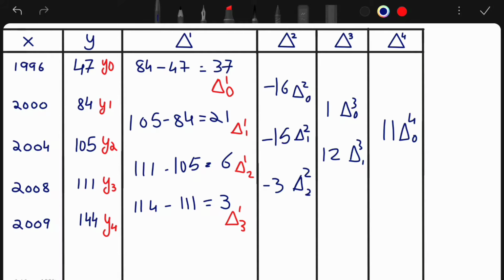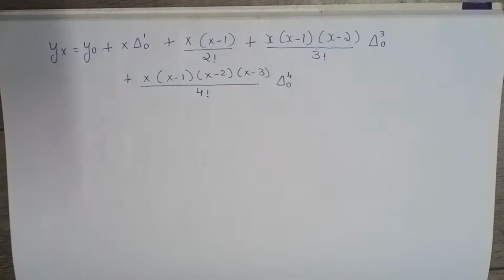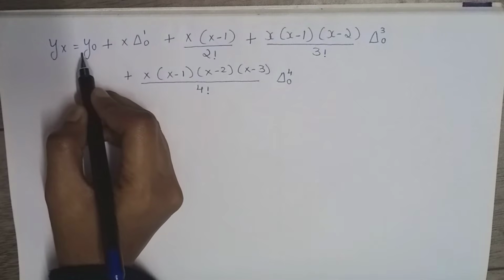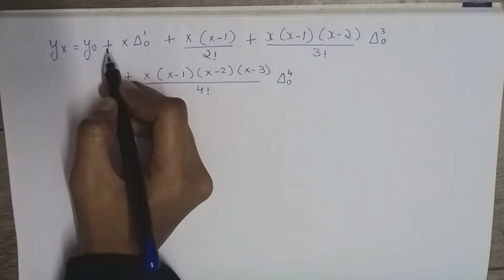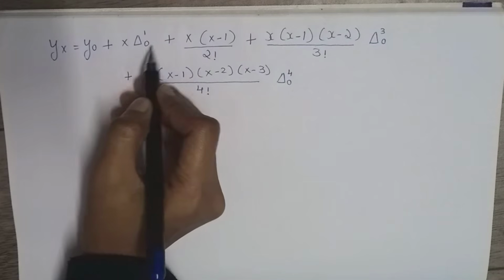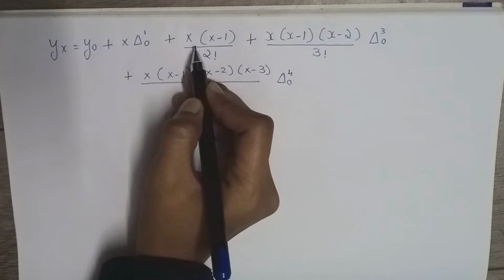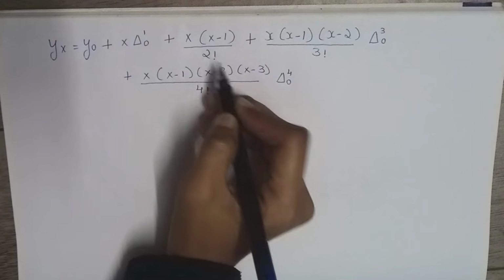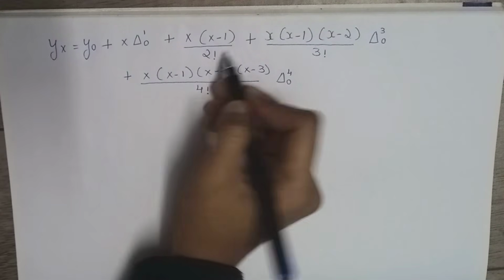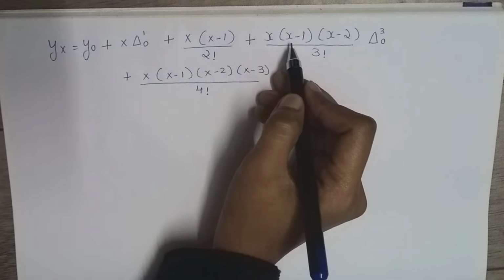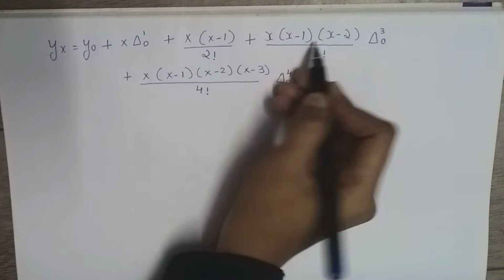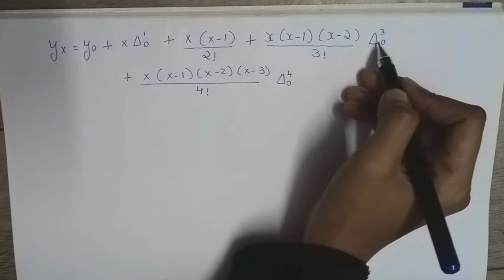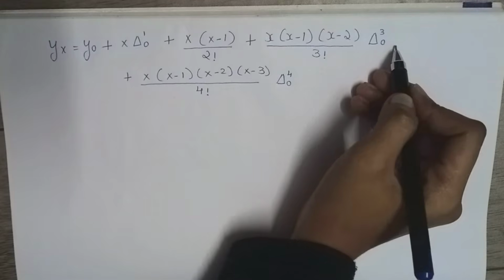Now using these differences, we'll calculate the sum. The formula of Newton's advancing difference method is yx equals y0 plus x of delta 0,1 plus x of x minus 1 divided by 2 factorial, delta 0,2, plus x of x minus 1, x minus 2 divided by factorial 3, then delta 0,3.